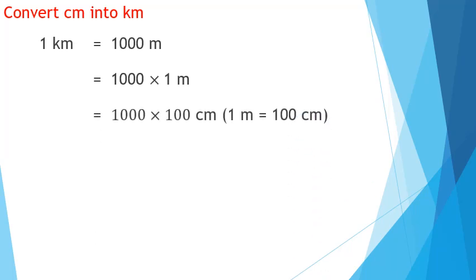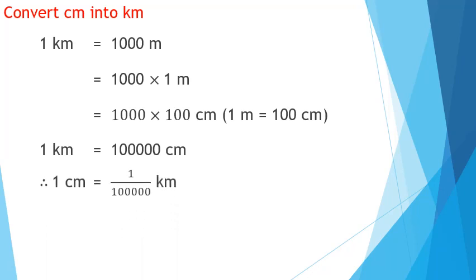That equal to 1 kilometer equal to 1 lakh centimeter. Therefore, 1 centimeter equal to 1 upon 1 lakh kilometer. Therefore, 5 centimeter equal to 5 upon 1 lakh kilometer. That gives 0.00005 kilometer.